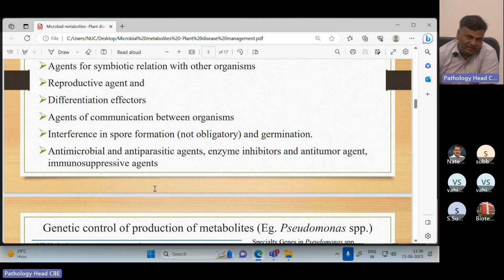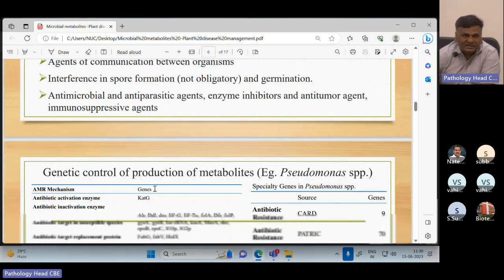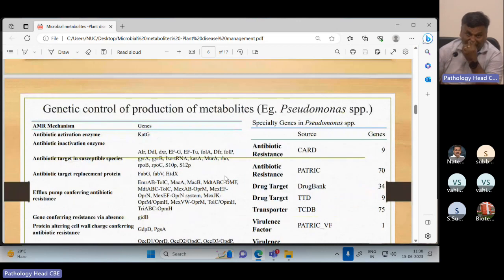But when we convert them into chemical compounds, it is as good as applying any fungicide, because fungicides have that advantage: you can mix them with any other compound and apply them in an easier way. So the advantages which fungicides have will be there with the metabolites, minus the disadvantages of the fungicides.